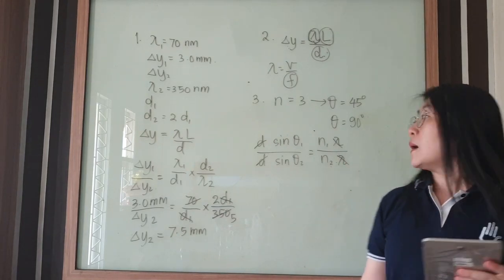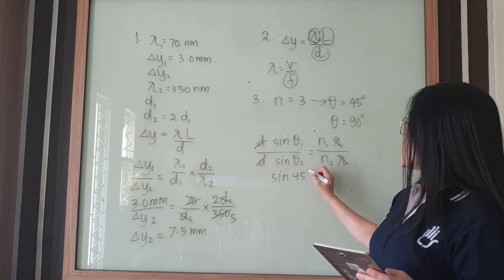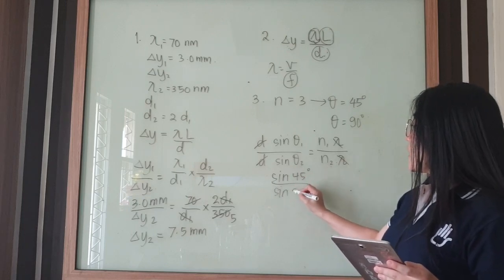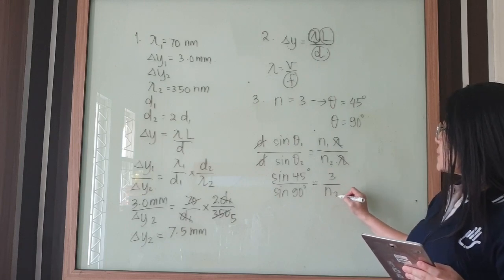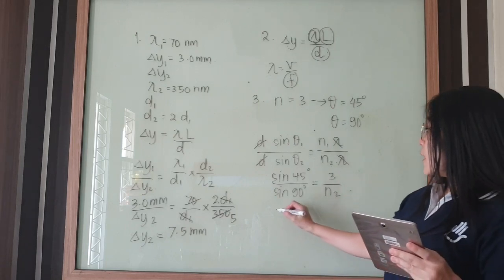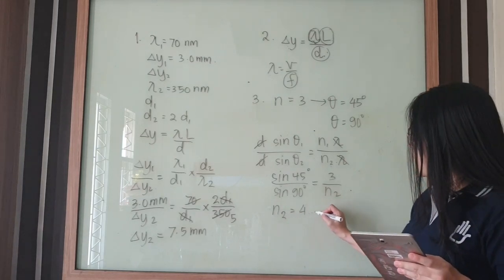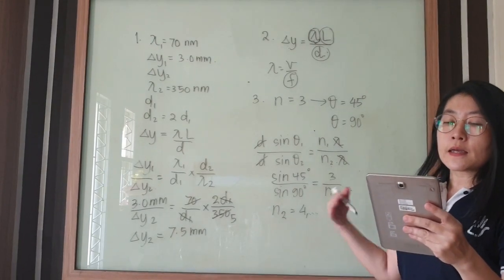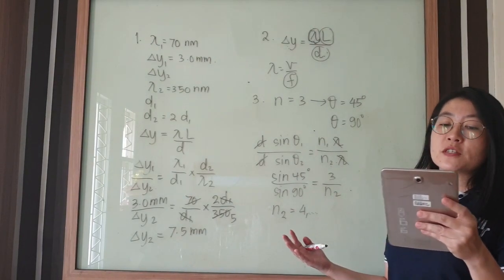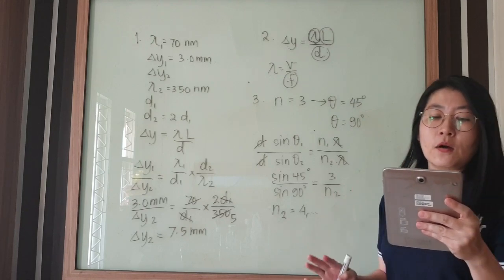So the sine of 45 degrees divided by the sine of 90 degrees should be equal to 3 over n2. And I have calculated that n2 is about 4 point something. So the highest order of diffracted beam produced by this grating is fourth order.